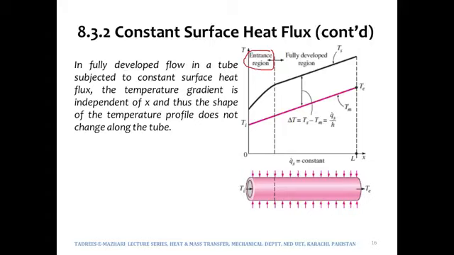This is the same old discussion that we are having again. Tm will change and Ts will also change if it is a constant surface heat flux condition, but in such a manner that the shape of the temperature profile will not change. However, it will be smaller or larger at various locations.